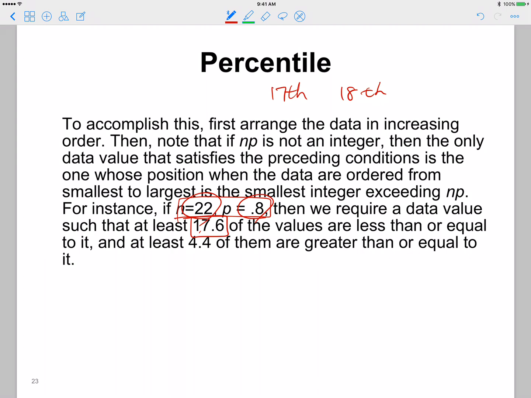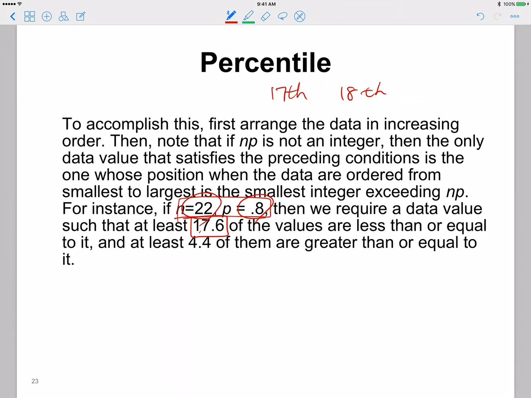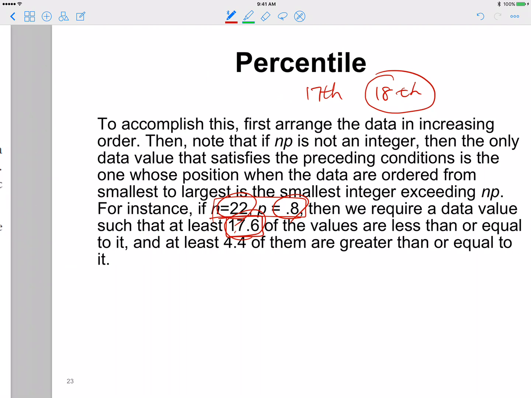Okay, so in this case, the conclusion here is the answer that satisfies those two conditions is this 18th number. So let's check that. So from the previous condition or requirement, np here is computed as 17.6.